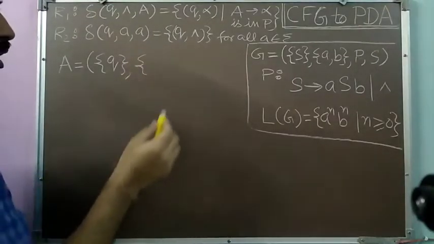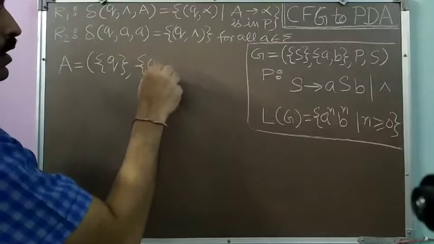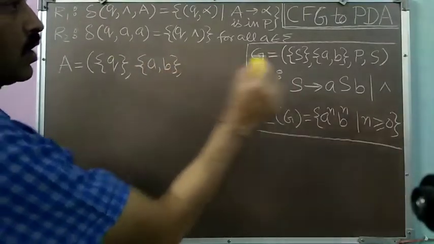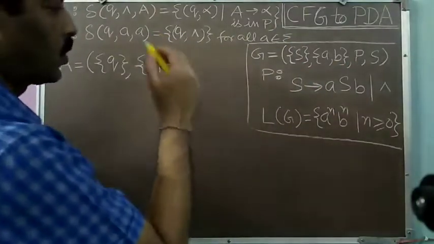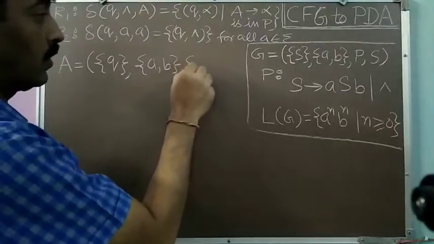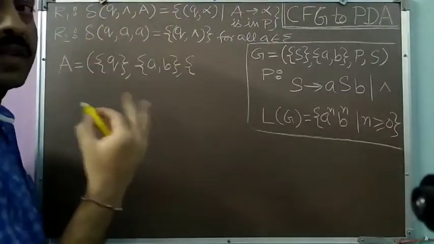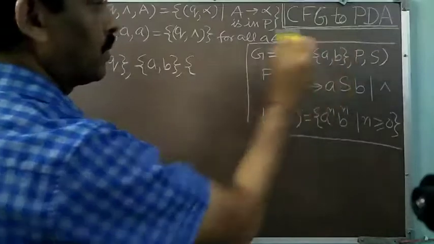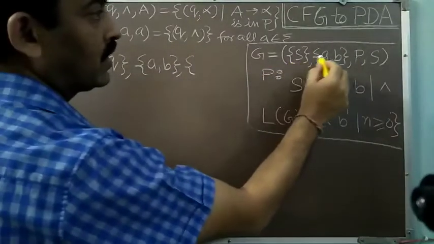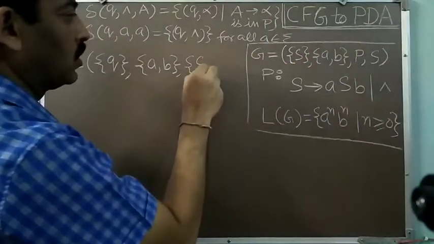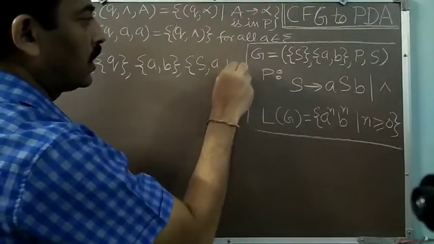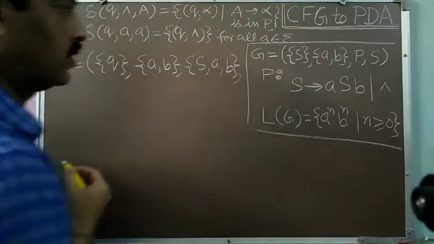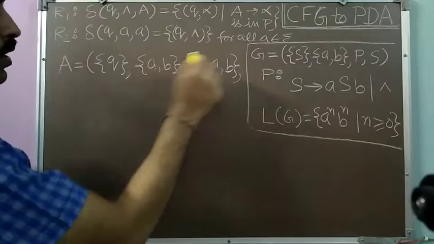Now the input symbols will be the same as in our grammar, that is a, b. And then rho, the pushdown store symbols. What will be the pushdown store symbols? All the variables and all the terminals present in the grammar will be the pushdown store symbols. So S, small a and small b. These all will be the pushdown store symbols. Then Q, sigma, rho, delta.